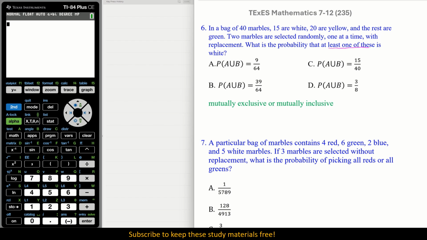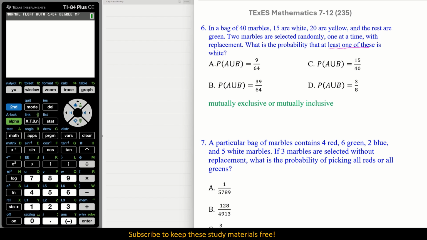Now, this is a little more difficult to think through, but let's just look at what's really going on here. It says at least one of these. That's a clue. Can we have more than one white as a desired selection?